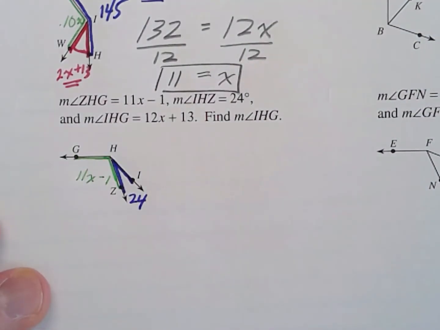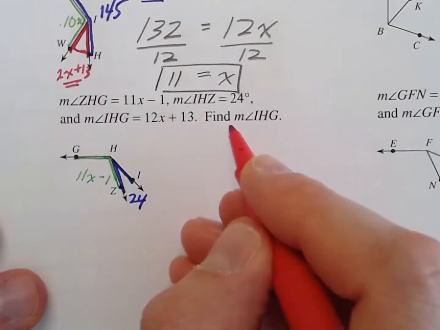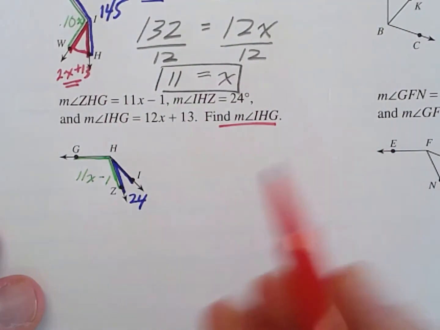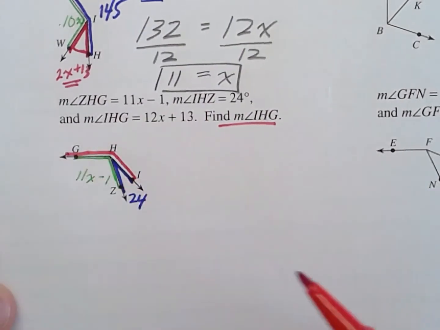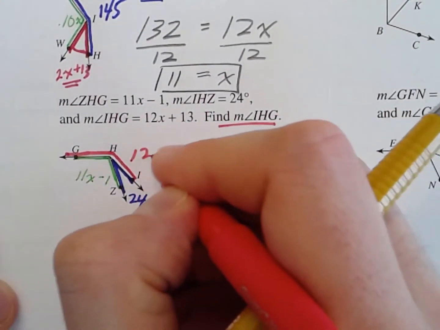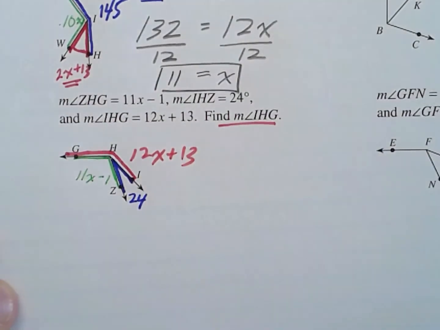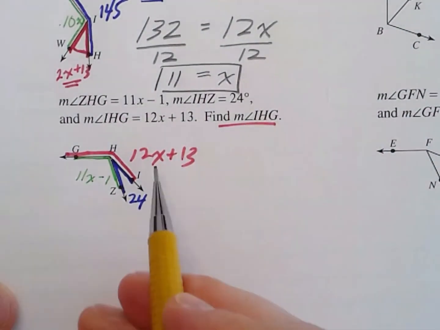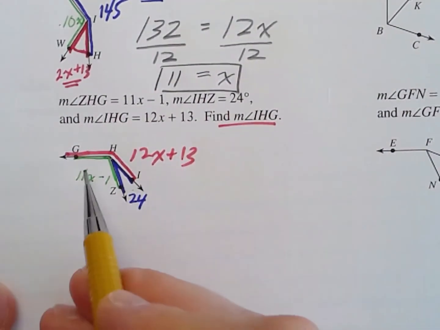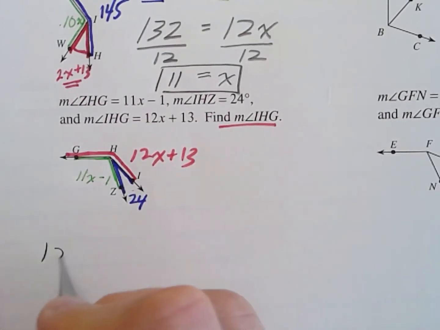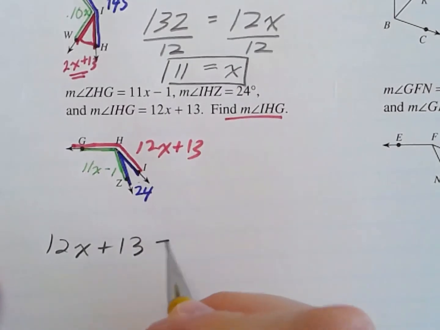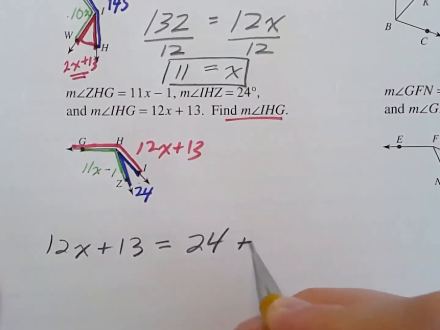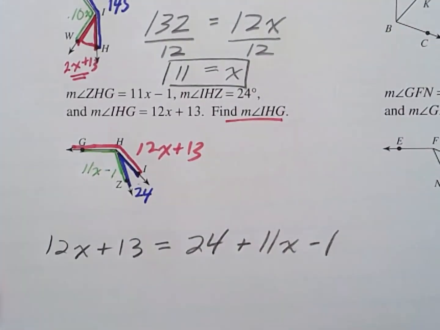And IHG, which is what we're going to want to find, which is this whole thing that goes out here, is 12x plus 13. So if the whole red angle is the sum of the blue and the green angles, then 12x plus 13 is the sum of the 24 plus the 11x minus 1.